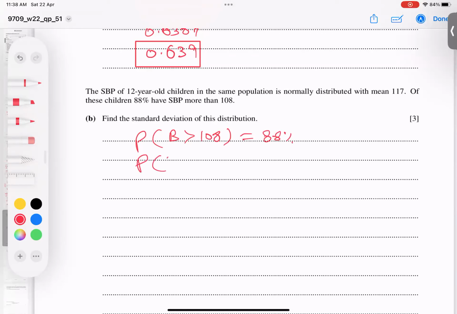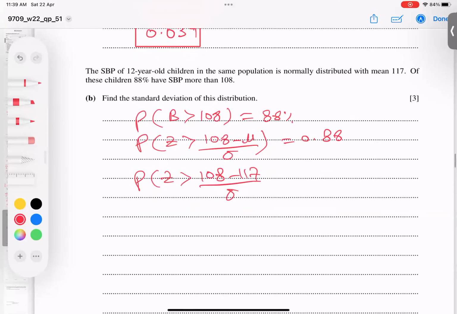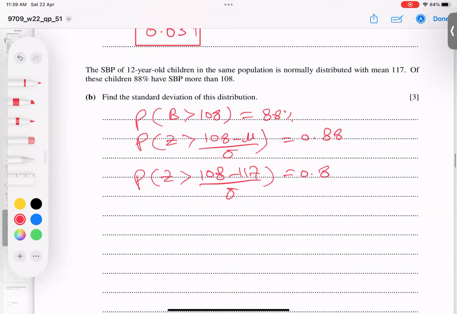So I will write Z equals 108 minus mean over deviation, and 0.88. And the mean is given: 108 minus 117 over deviation. And he is asking us to find the deviation. So no problem, inshallah. So it equals 0.88.